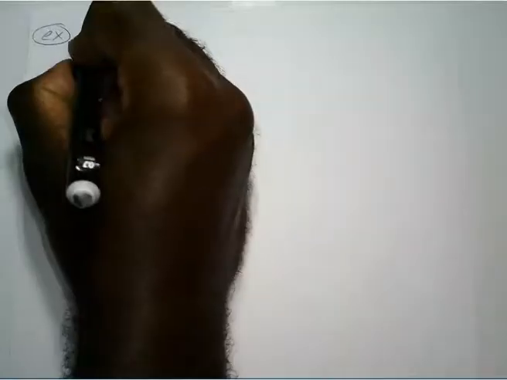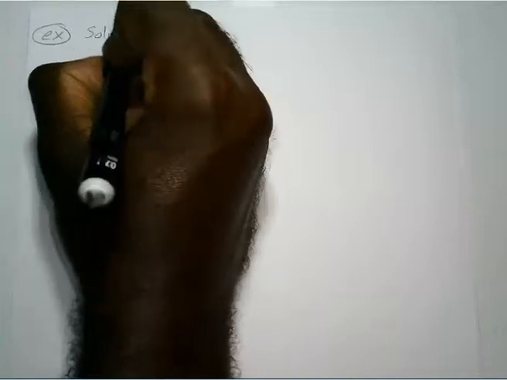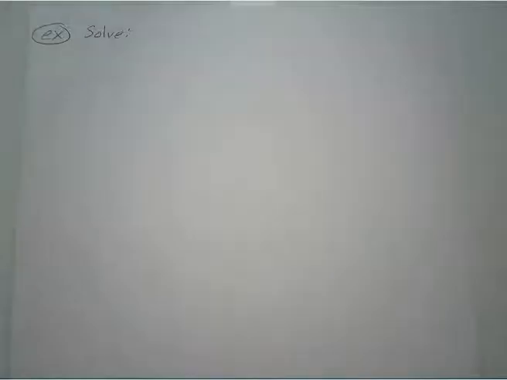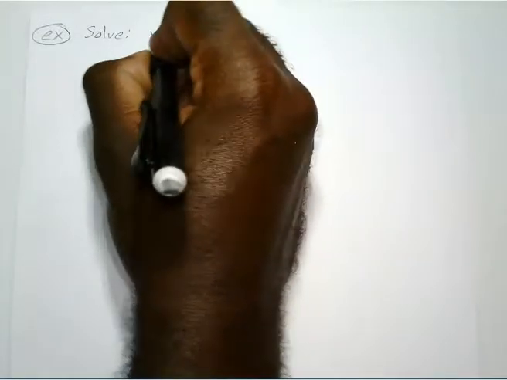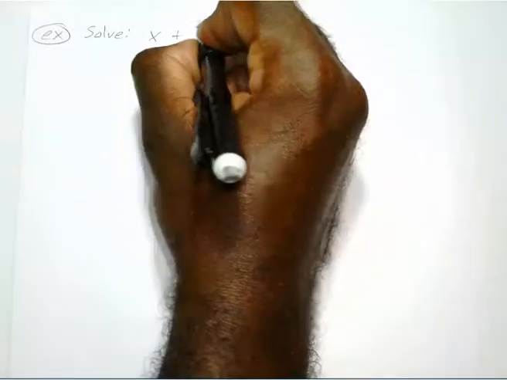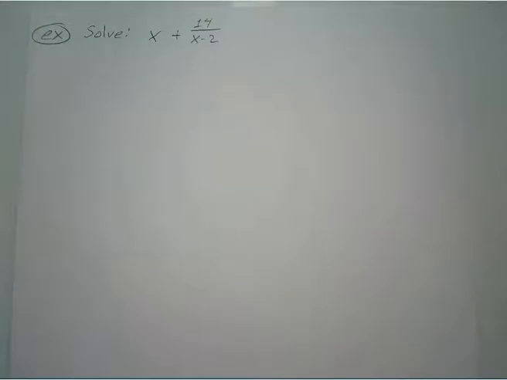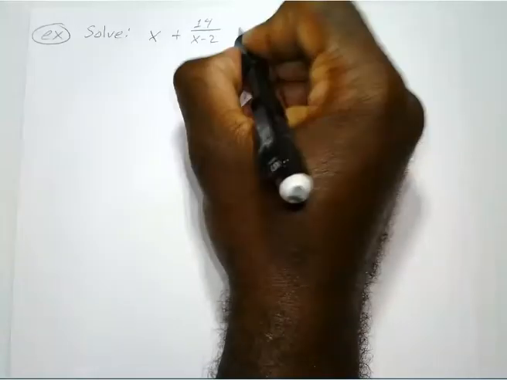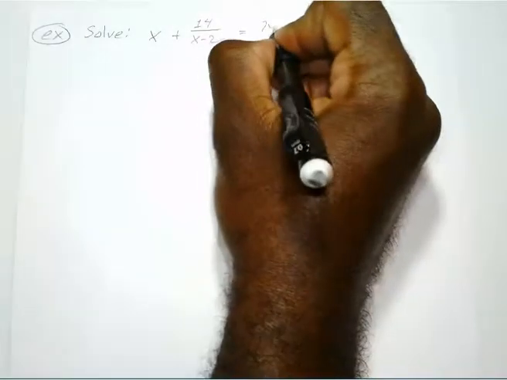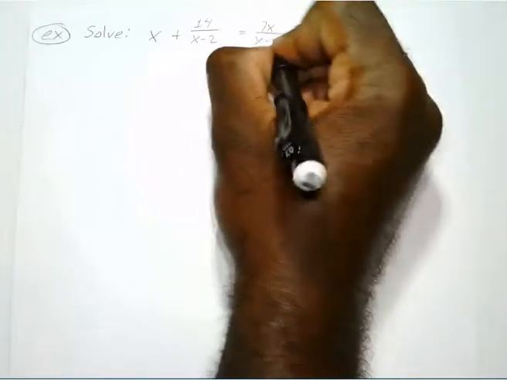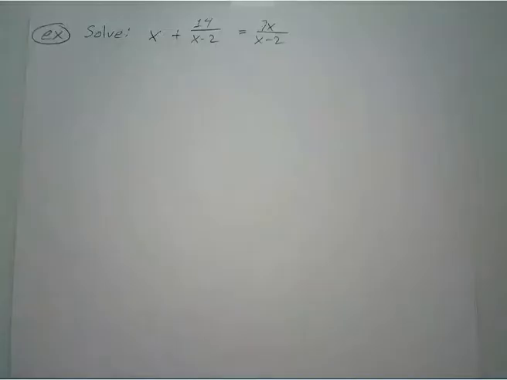All right, so let's say, for example, if we want to solve x plus 14 over x minus 2 equals 7x over x minus 2 plus 1.